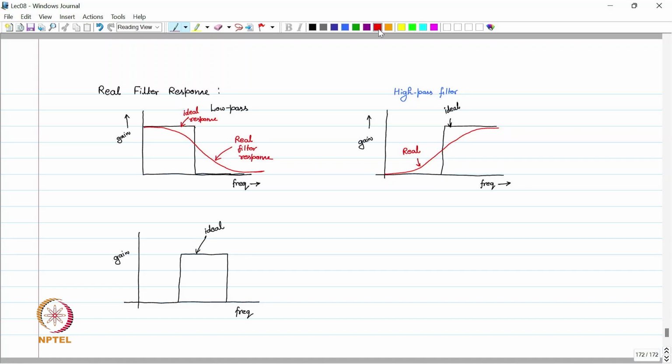However, in the practical case, the filter response is like this. There will be some transition region where frequencies will still pass through. So this is the real response of a band pass filter.